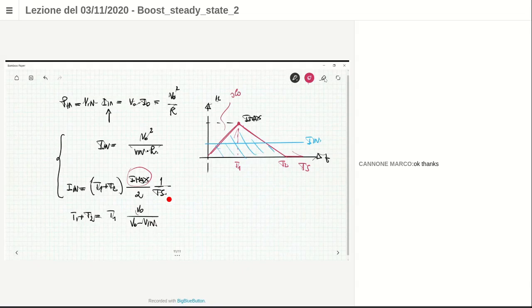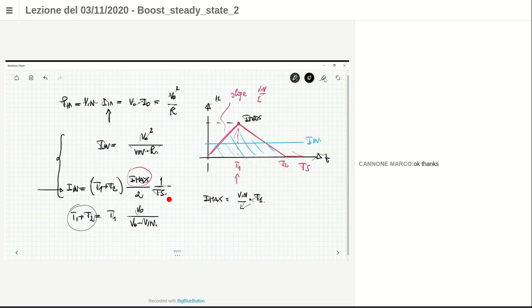You know that the slope of this current is V in over L. I max is reached after a time T1, so we can easily derive that I max is V in over L, which is the slope, multiplied by T1. So now put all this information together, starting from this one.